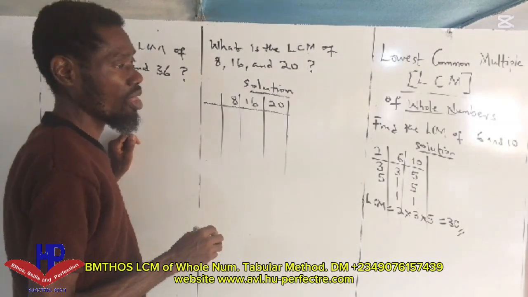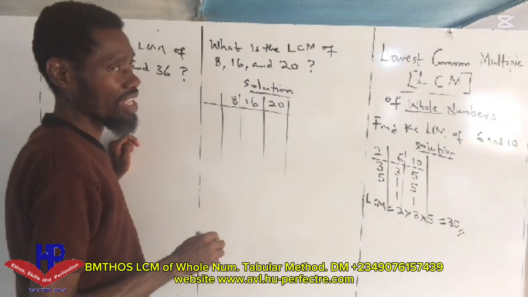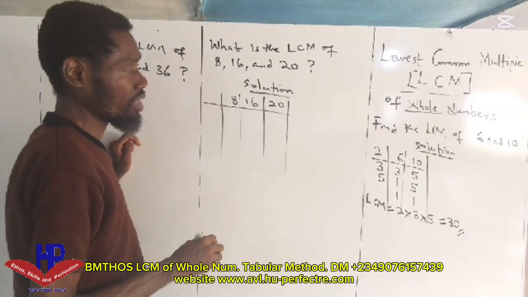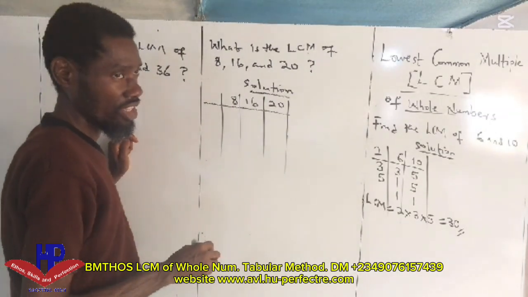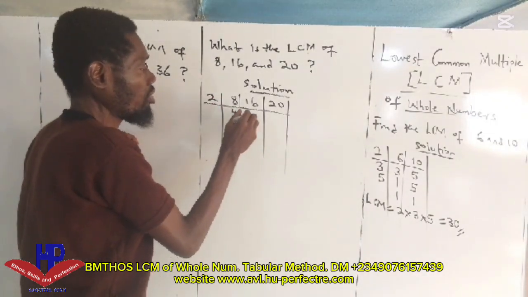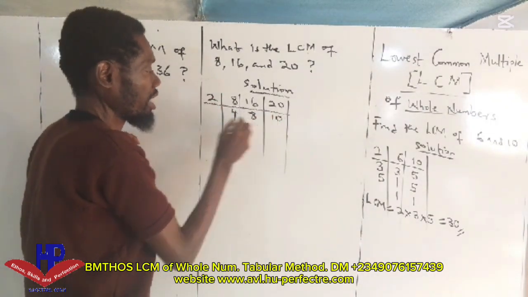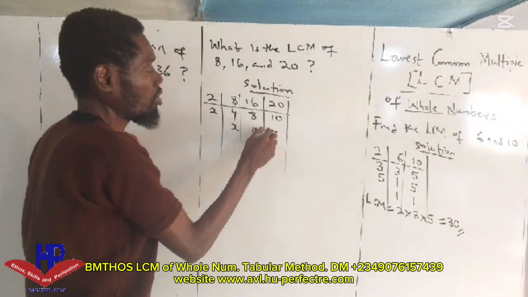Find out the number. If there's no such number, then each of the numbers will divide itself. But I know there are numbers that can divide 8, 16, and 20 at the same time. 2 will start: 4, 8, 10. 2 will go: 2, 4, 5.